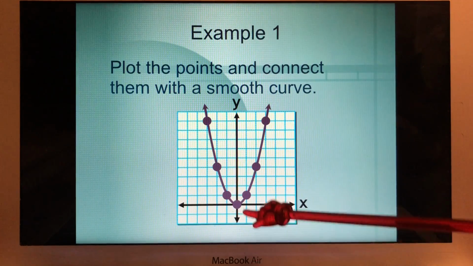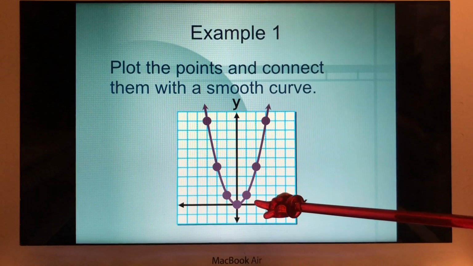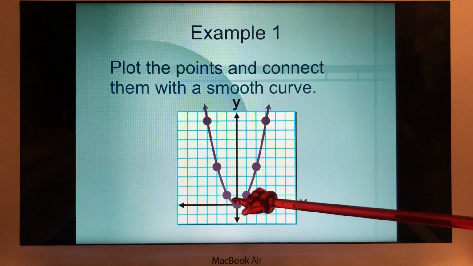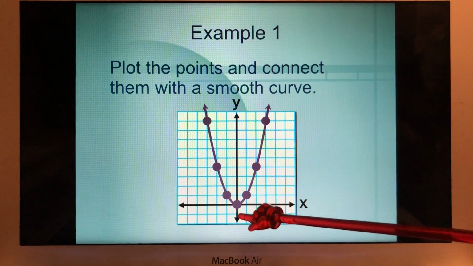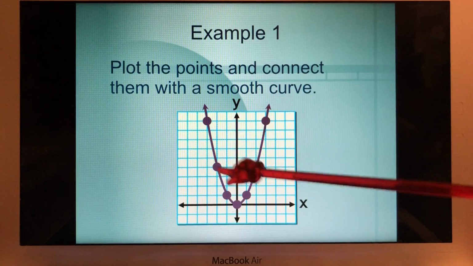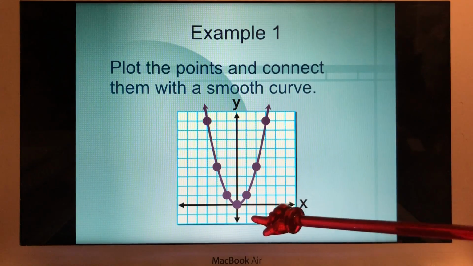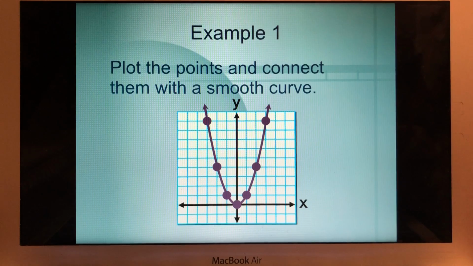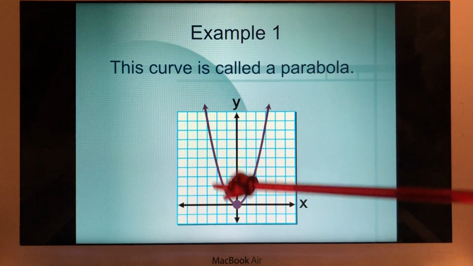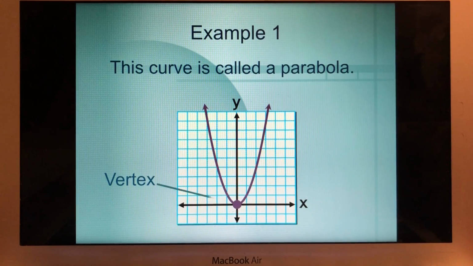Or if we're talking about the height of something, maybe height in relation to your age, the vertex right there would be the maximum height or the minimum height, depending on where that vertex is on the graph. We can use these graphs to relate and read real life situations. So here the curve is called a parabola. Your vertex is the point, and in this example, the vertex is at 0, 0.